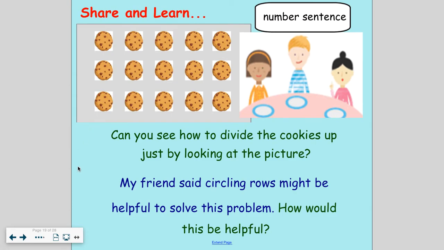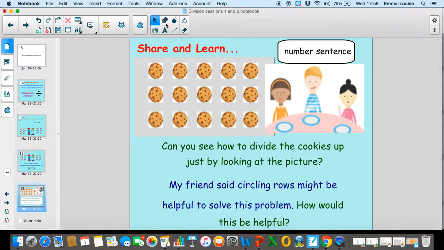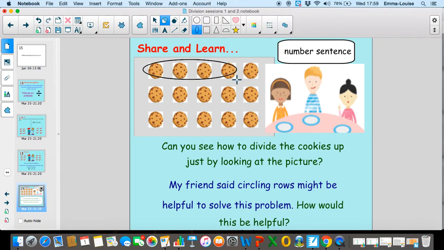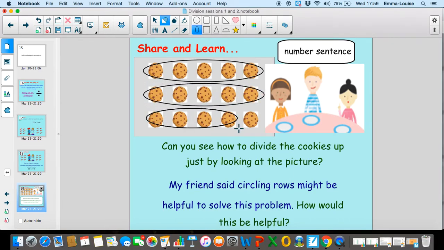Now my friend said circling rows might be helpful to solve this problem. If I were to circle a row of cookies, one at a time, I can see I have 1, 2, 3 rows.